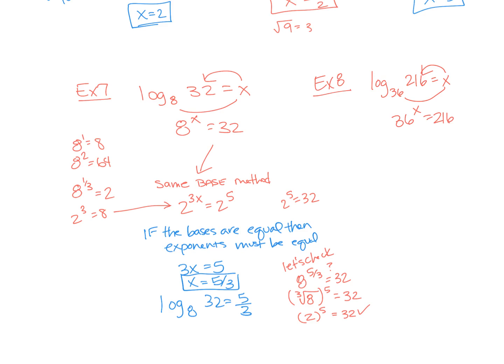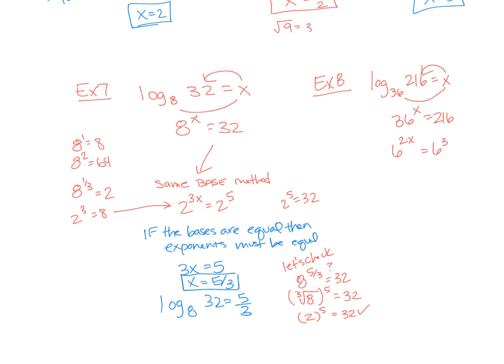So let's take a moment to think about whether there are any bases that I could rewrite this with. Well, 36 I know is 6 squared, and 216 is 6 cubed. I could probably do something with 6. So 36 is 6 squared, but I already had an exponent. So this is like 6 squared times this exponent of x. So it's 6 to the 2x. Equals 6 cubed.